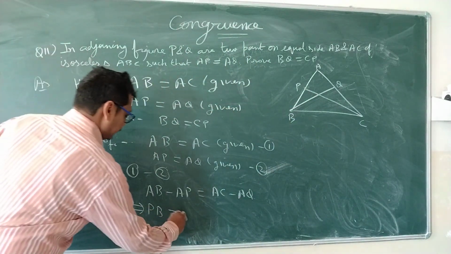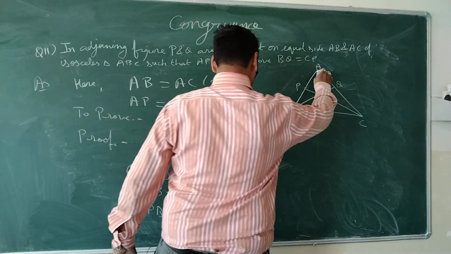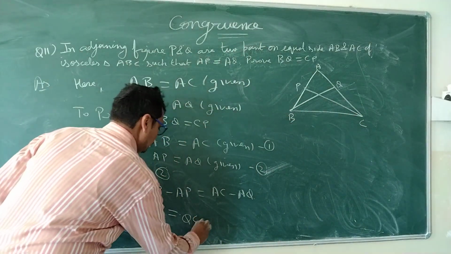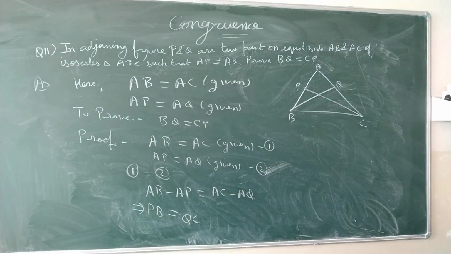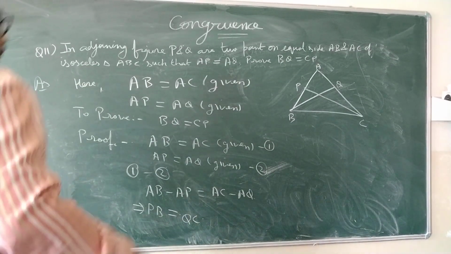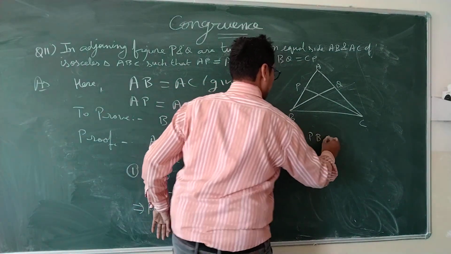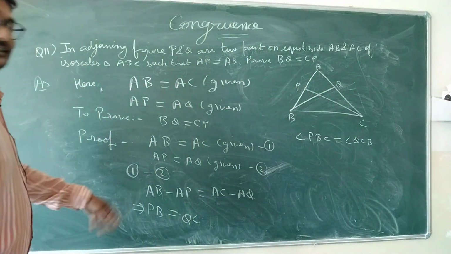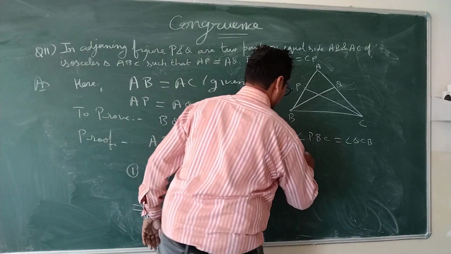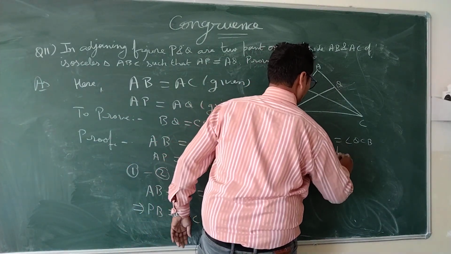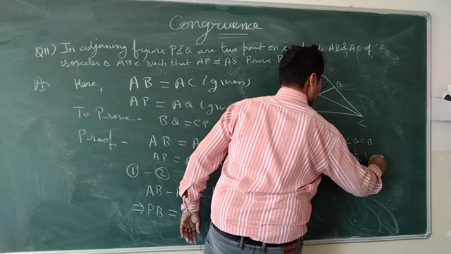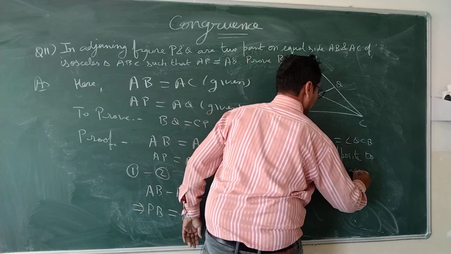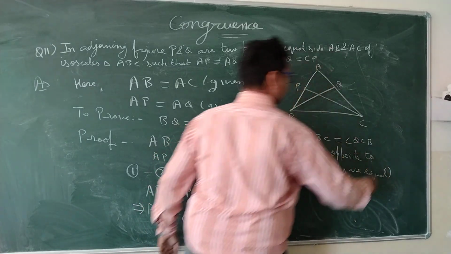It implies PB is equal to, and when we subtract AQ from AC, we got QC. Also, angle PBC is equal to angle QCB. Why? Because angles opposite to equal sides are always equal.